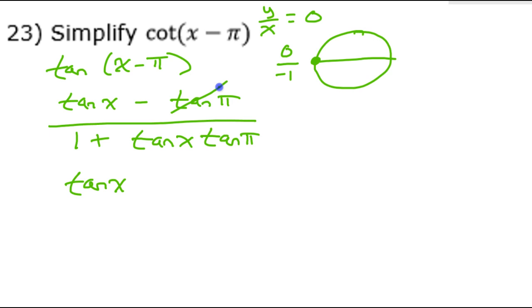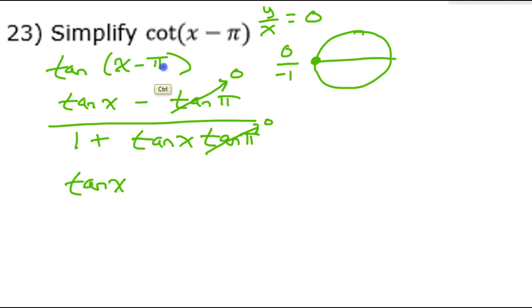Now, tangent of pi goes to 0. Tangent x times 0 is actually 0. So this entire term is wiped out. So I really just have tangent x over 1. So it's really just tangent x. Okay, so tangent of x minus pi just gives me tangent x.